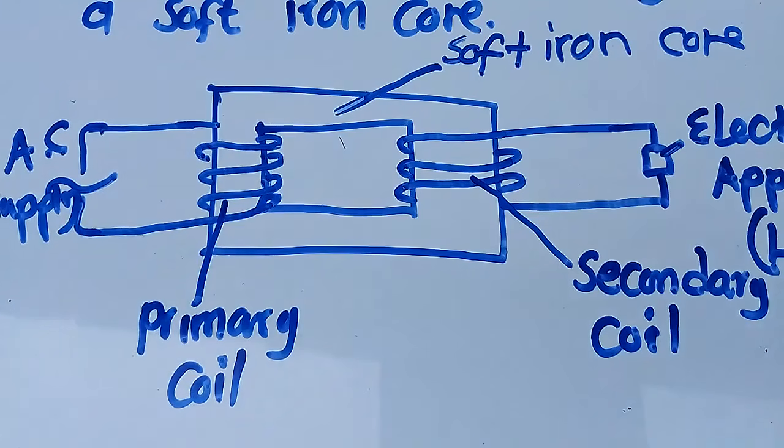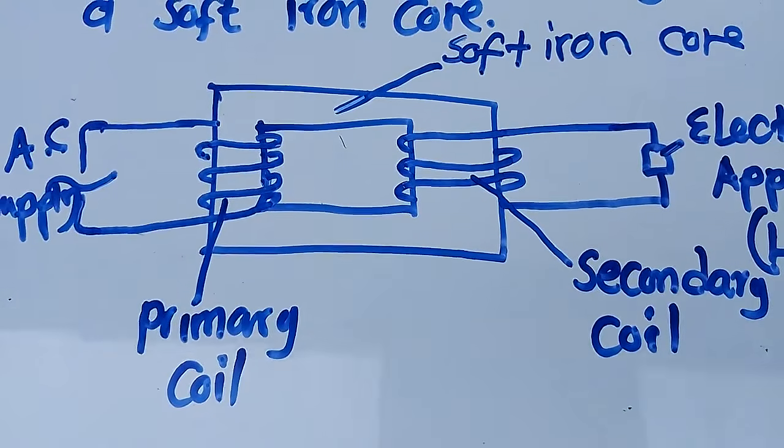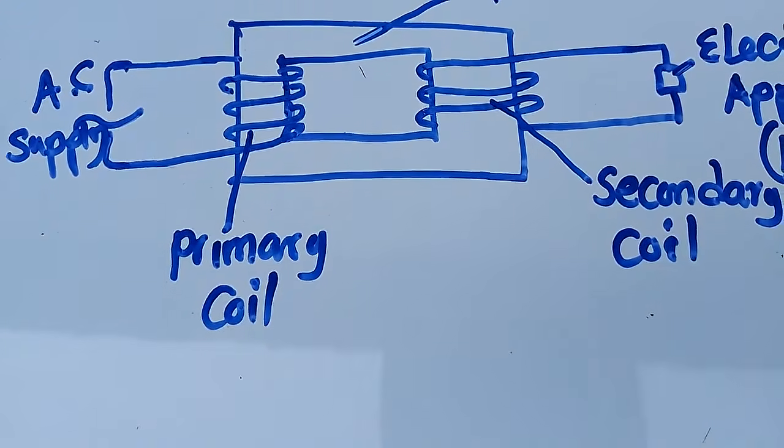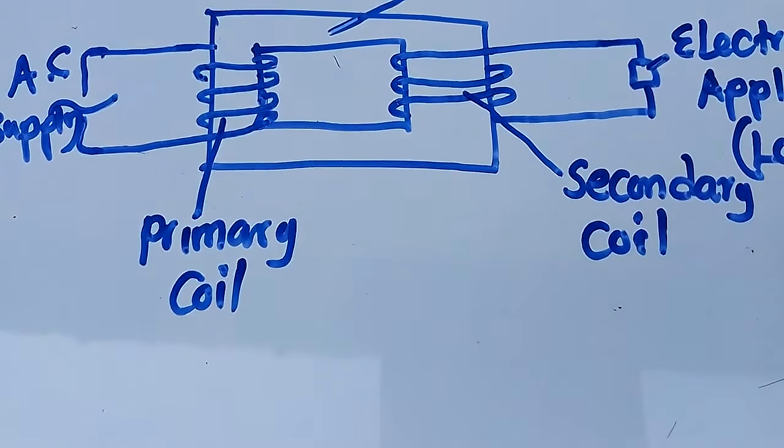If you are asked in your exams how a transformer works, or to describe how a transformer works, this is how you are going to describe it. You are given this transformer.